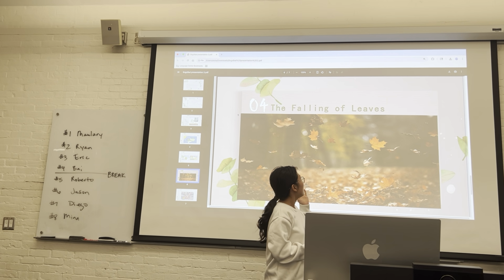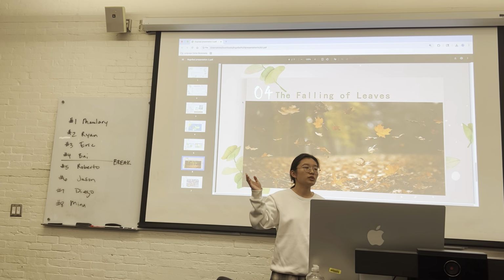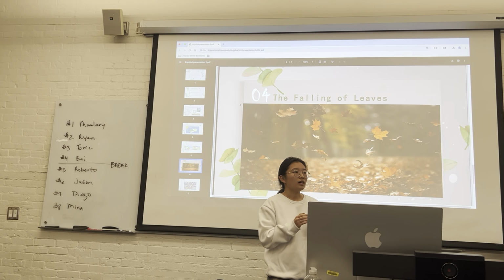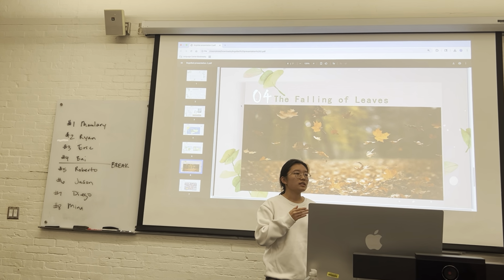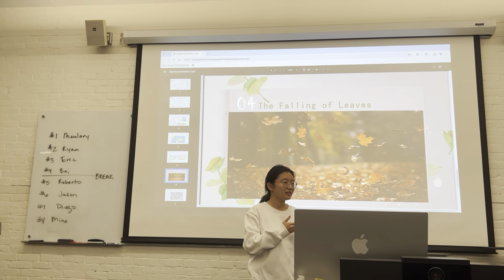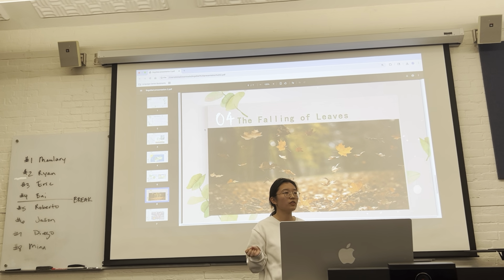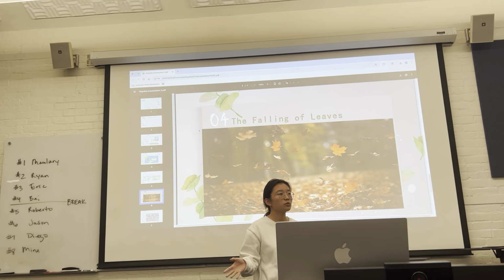The leaves eventually fall down from the trees because without the chlorophyll, the leaves don't have a job to do.